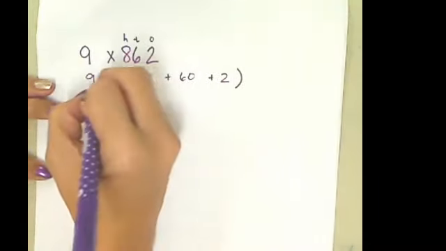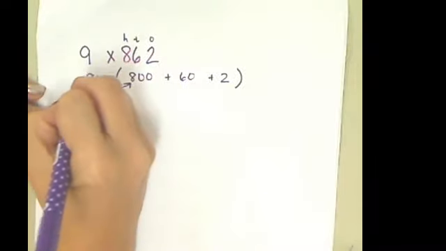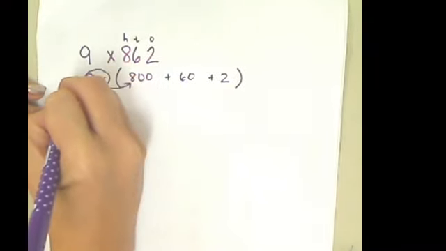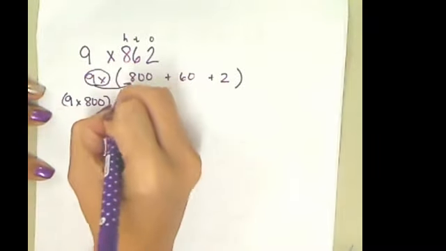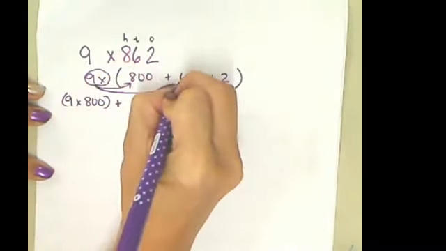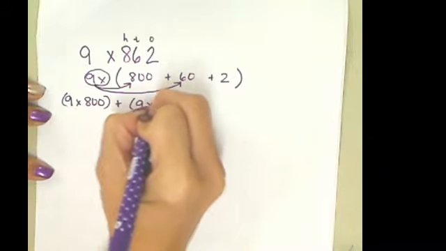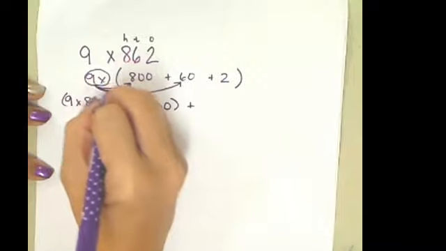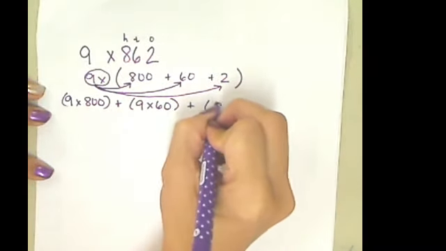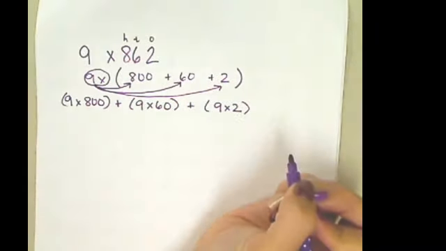Then you're going to distribute. 9 times 800 plus 9 times 60 plus 9 times 2. Okay?